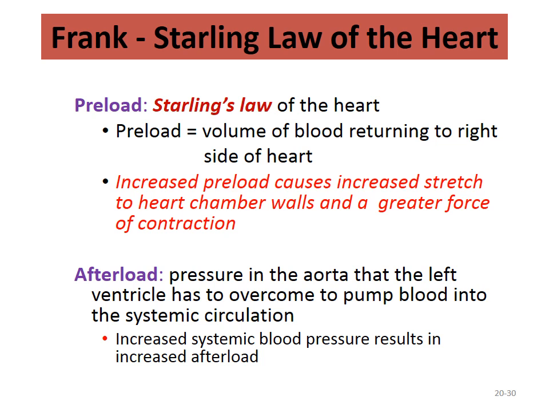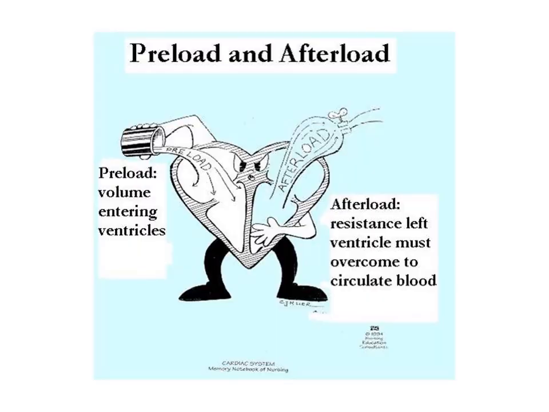With increasing blood pressure, let's say normal diastolic pressure is 80, but you have 100 as your diastolic pressure, that means there's more pressure in the aorta, even at rest during diastole, that the left ventricle has to pump against to force the aortic semilunar valve open and force the blood into the systemic circulation.